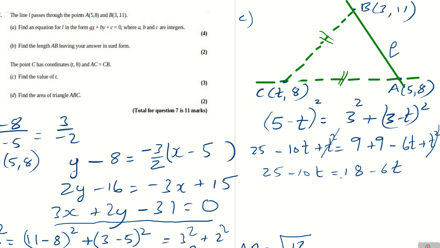Get the t's together, so minus 6t plus 10t is 4t, and 25 minus 18 is 7. So we then get t equals 7 over 4, or 1 3/4.